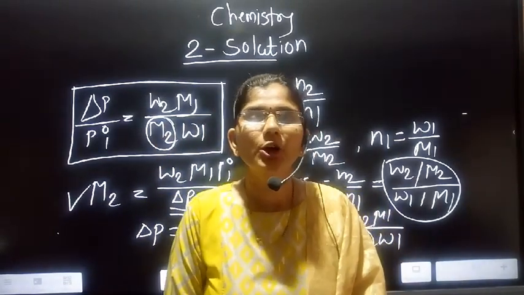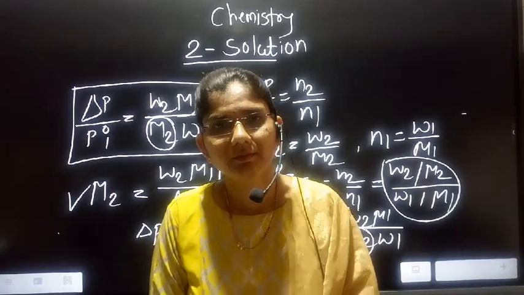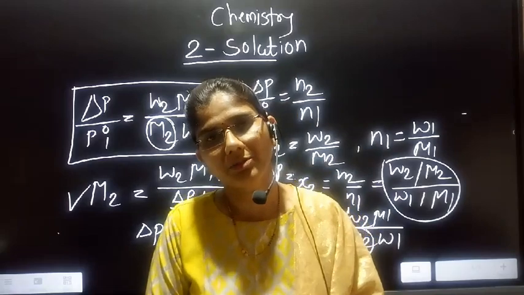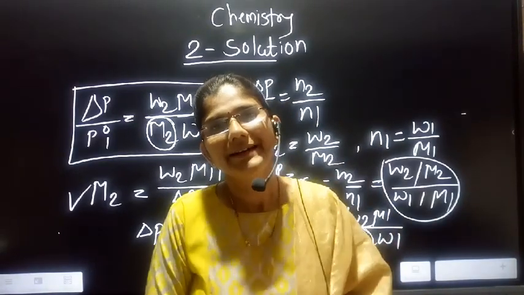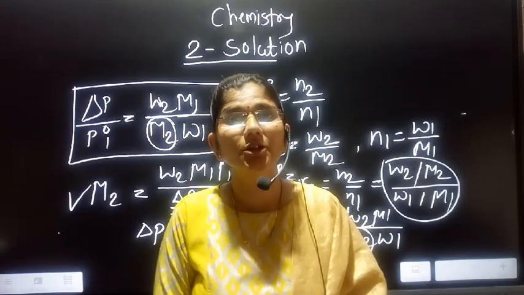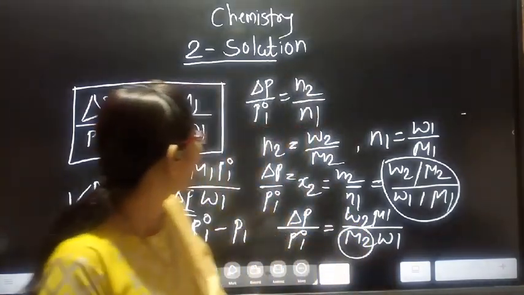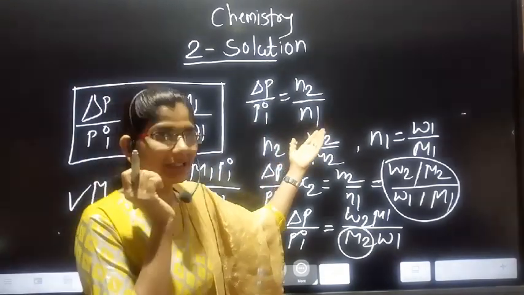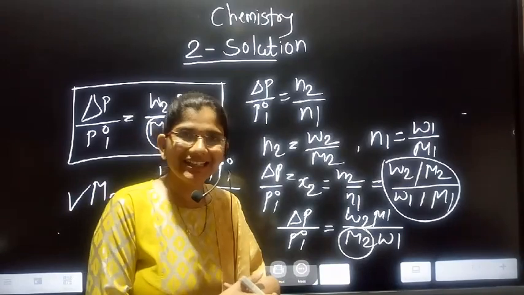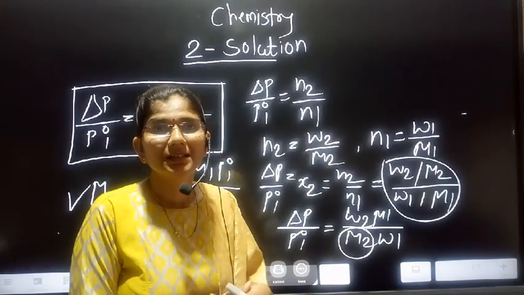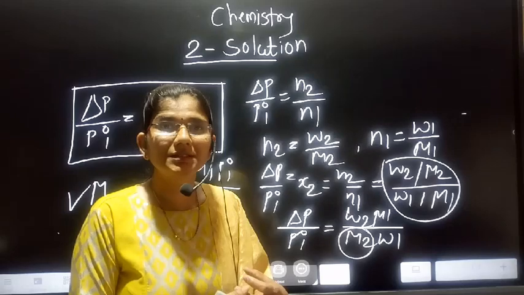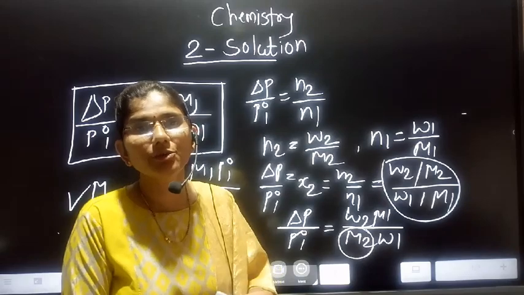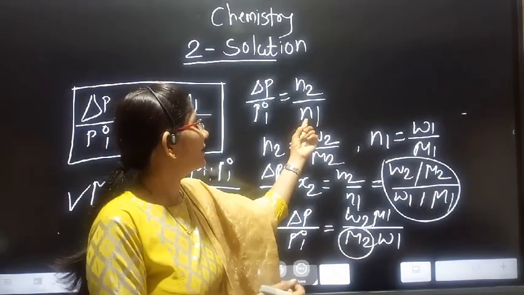That means it is a colligative property, and the major application of a colligative property is to determine the molar mass of the solute. So we start with delta P upon P01 equal to X2. But X2 is equal to N2 divided by N1 plus N2, and since the number of moles of solvent is very large, we can write only N1.